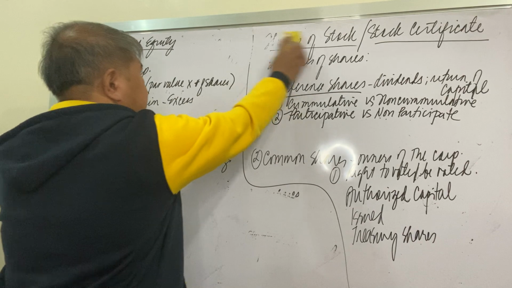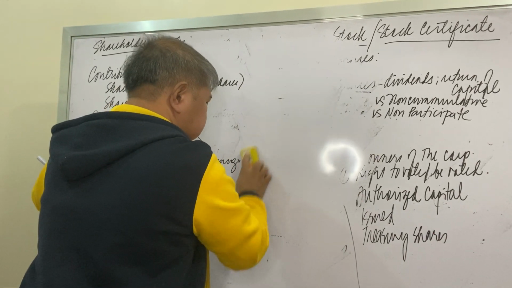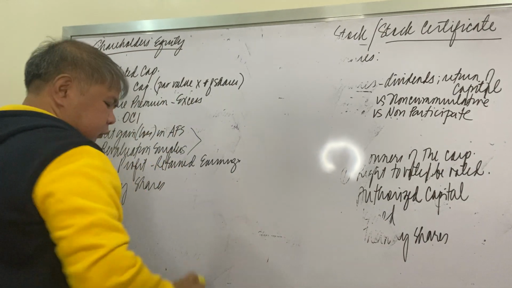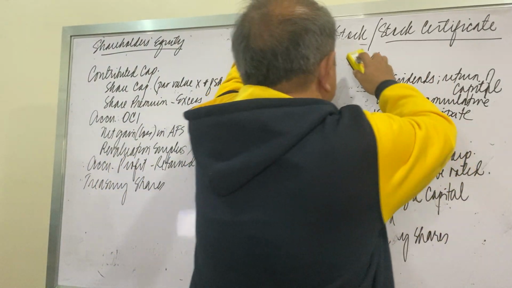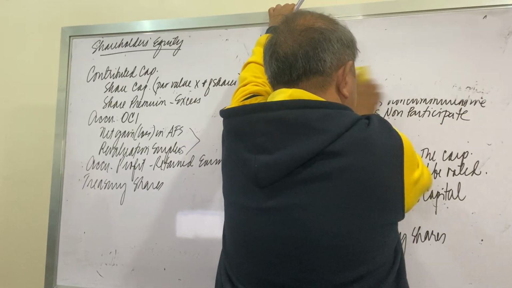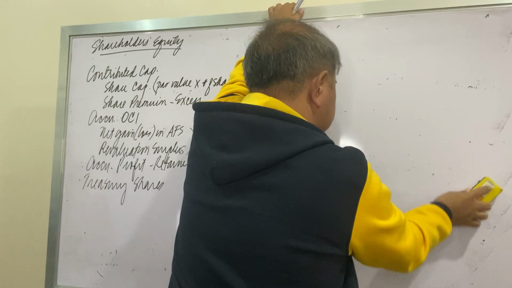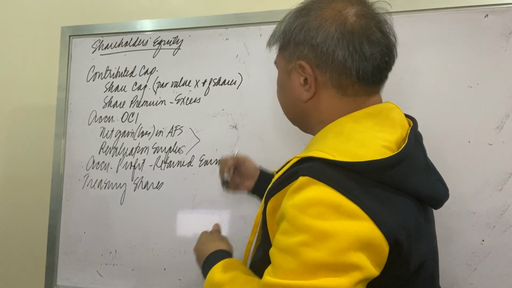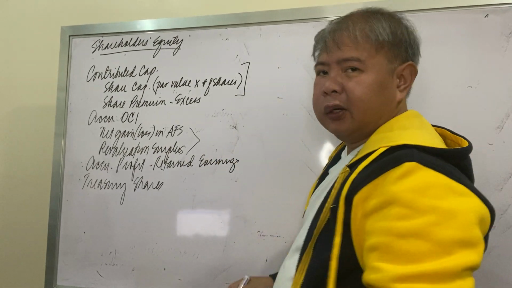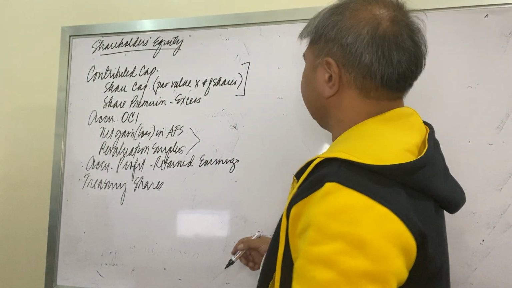Now, how do we record transactions? Let's put aside the others and focus on contributed capital. How do we record transactions concerning contributed capital?